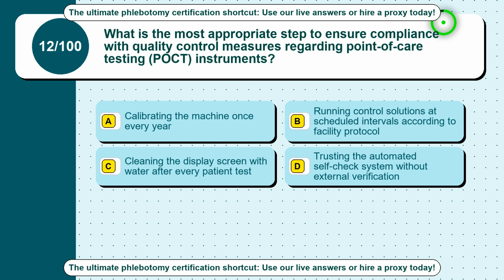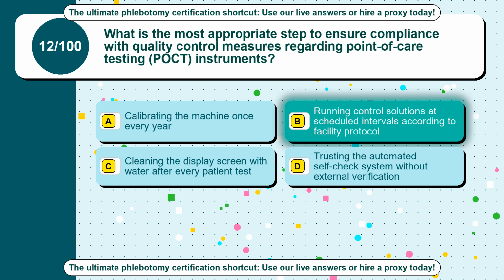Question 12. What is the most appropriate step to ensure compliance with quality control measures regarding point-of-care testing, POCT, instruments? Option A. Calibrating the machine once every year. Option B. Running control solutions at scheduled intervals according to facility protocol. Option C. Cleaning the display screen with water after every patient test. Option D. Trusting the automated self-check system without external verification.